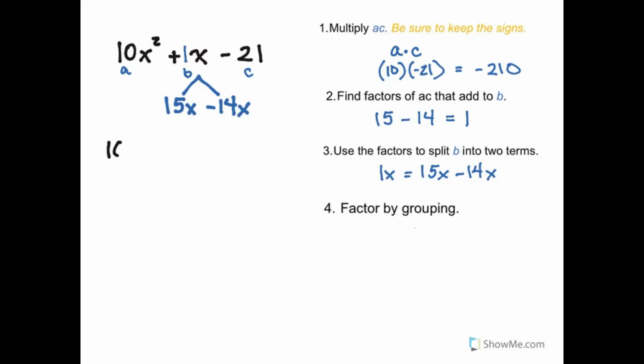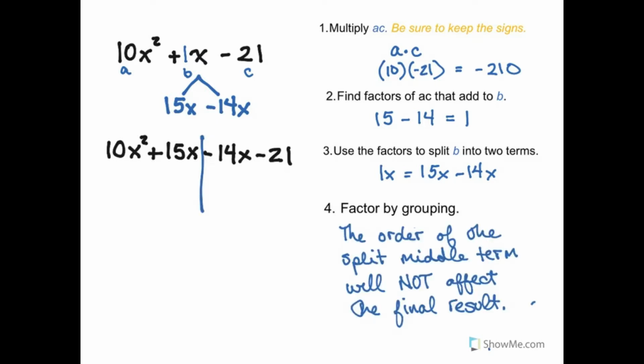Our quadratic now has four terms, 10x squared plus 15x minus 14x minus 21, and so we can split it in half and factor by grouping. The order that you choose to put those two terms in won't make any difference in the long run.